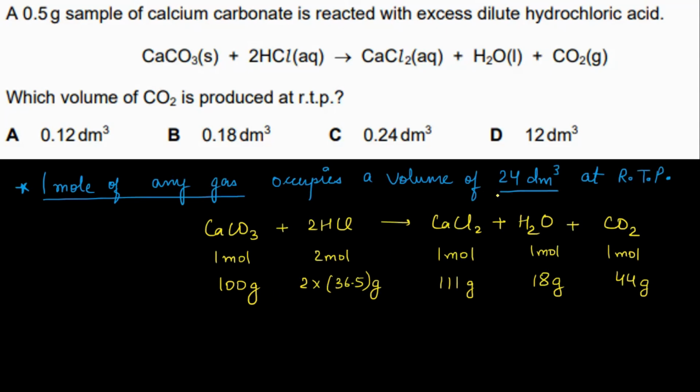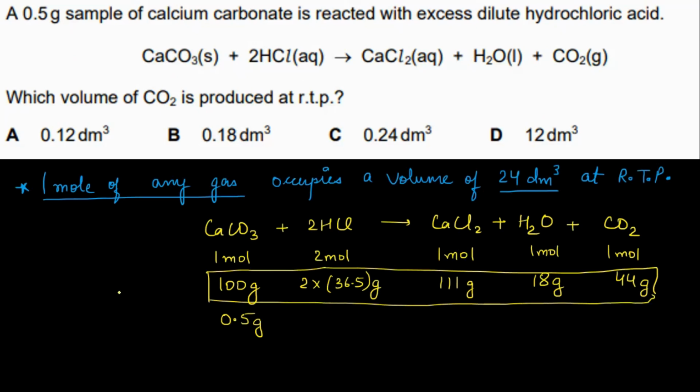Now we know that in the question, 0.5 grams of calcium carbonate is given. See, this is the reference line now. They have already given excess of dilute hydrochloric acid, so no need to consider dilute hydrochloric acid.